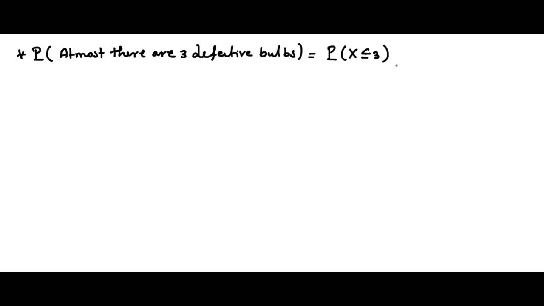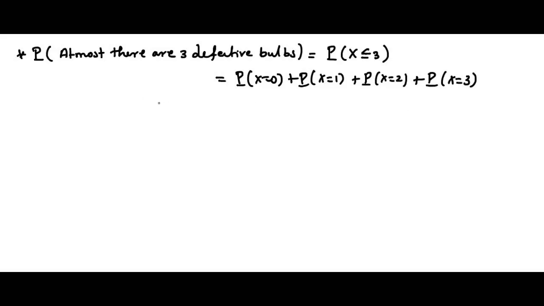So the maximum is 3, and the minimum is either 0, 1 or 2. How do we write this? We have two methods: 1 minus probability of x greater than 3, or the usual method, that is, probability of x equal to 0, plus x equal to 1, plus x equal to 2, and the last one, probability of x equal to 3. Adding all values, you get the final answer.